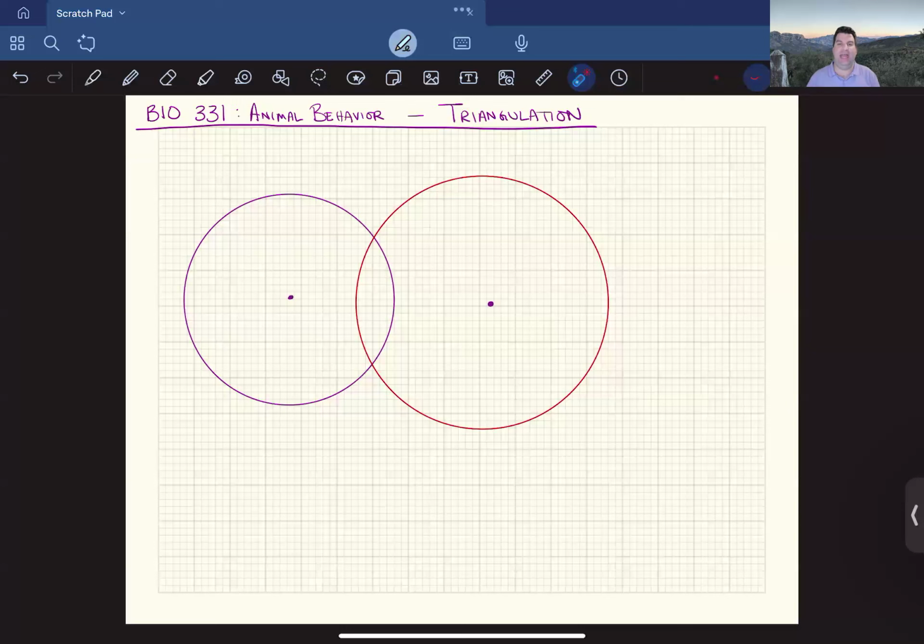Or if I happen to have one more ability to take a sample, let's say I've got a third eye or a third ear or something like that, and I can place it maybe over here, then that third ear, maybe I'll make that a different color here. So maybe I'll make it green.